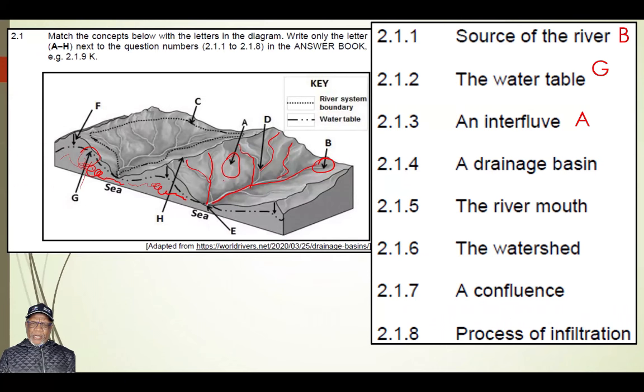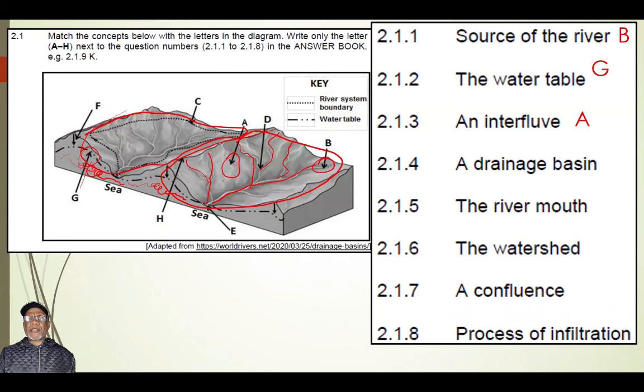Then, what do we have here? We have this drainage basin, this side, and we have another drainage basin this side, which is indicated by this dotted line there. So this is a drainage basin and another drainage basin. You need to be able to define what a drainage basin is.